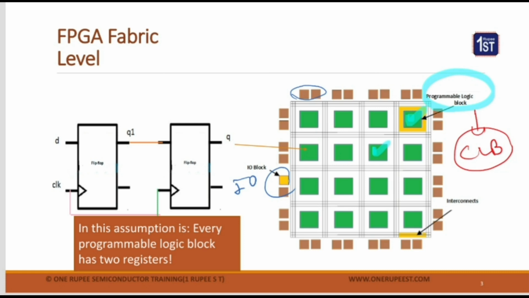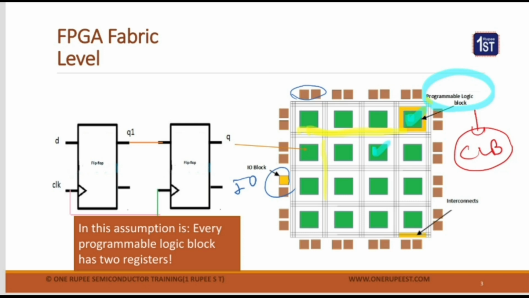Depending on the direction of the port, whether it is an input port or output port, that will be configured by using this IO block. That direction will be set by using IO block logic. And then we have wires or interconnects.